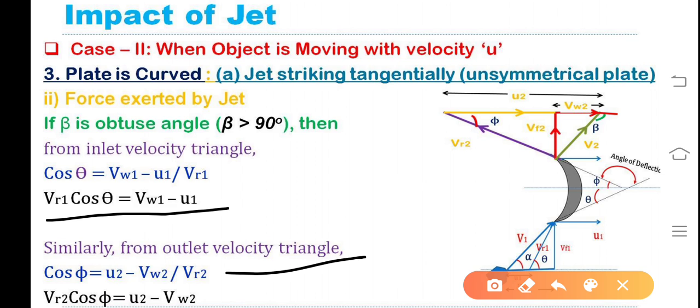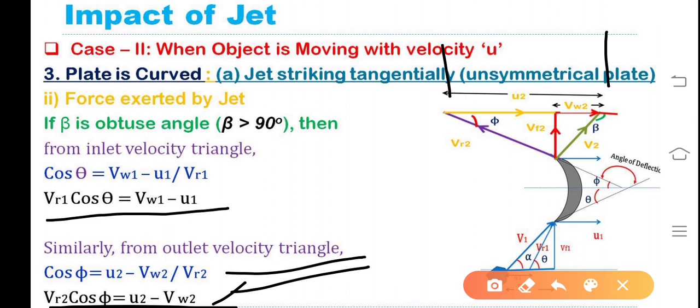Similarly, from outlet velocity triangle, we get cos phi is equal to u2 minus Vw2 upon Vr2 because now the magnitude of u2 will be much more than Vw2. Therefore, we get u2 minus Vw2 upon Vr2. Therefore, Vr2 cos phi is equal to u2 minus Vw2. Just cross multiplication.